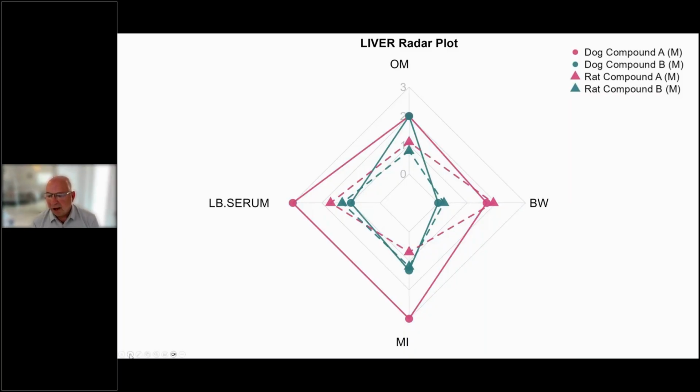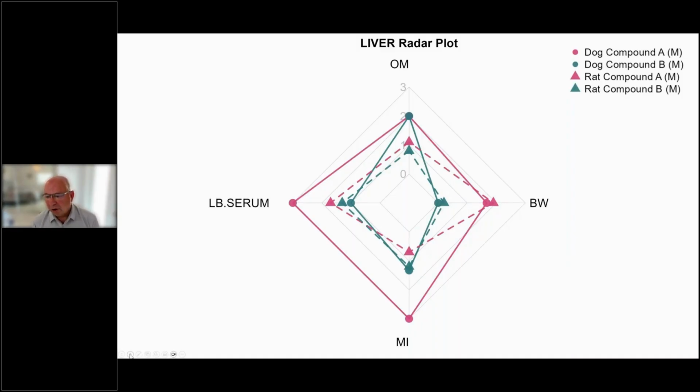We see that there appears to be some MI findings that are driving that higher Z-score. We also see that there are some clinical chemistry findings that appear to be driving that, and it confirms the body weight finding we saw in the high level plot, that again there appears to be some differences there that we should look into.